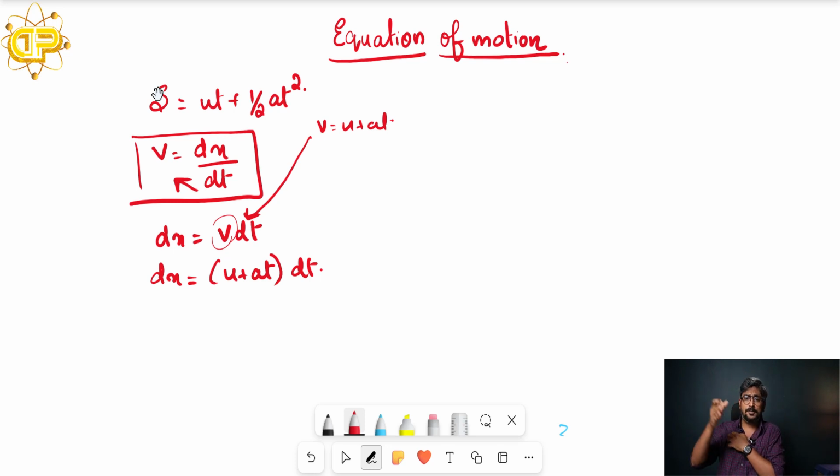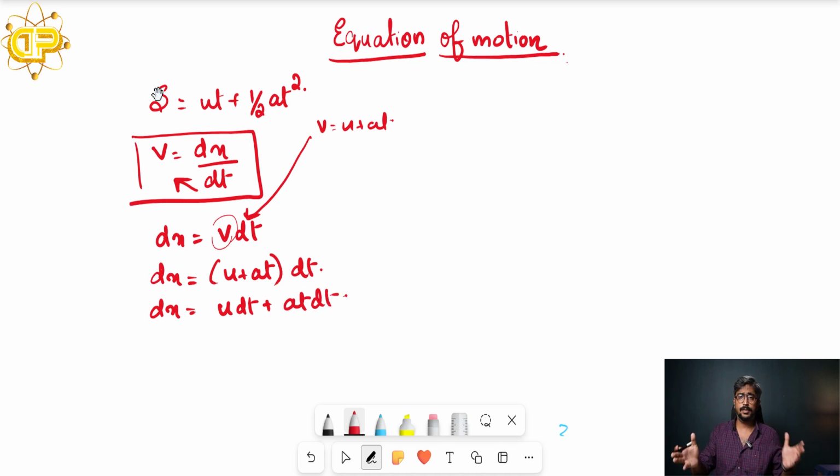We have to express that equation in terms of initial velocity. So instead of v, I am writing v is equal to u plus at. So here is the equation. From there, you can also write dx is equal to u dt plus at dt. Okay, I'm just splitting the bracket and getting this equation.